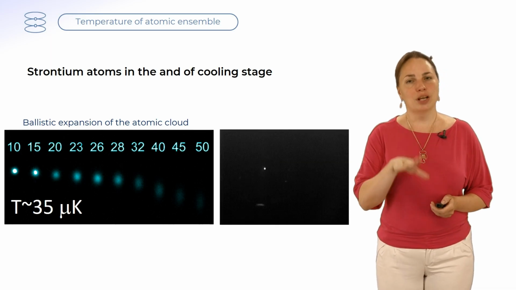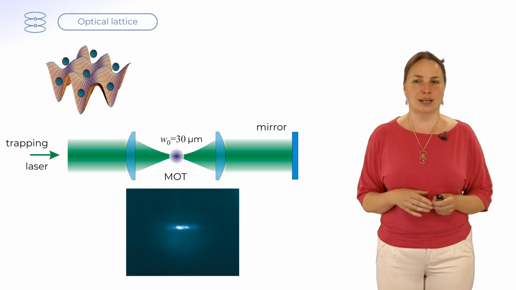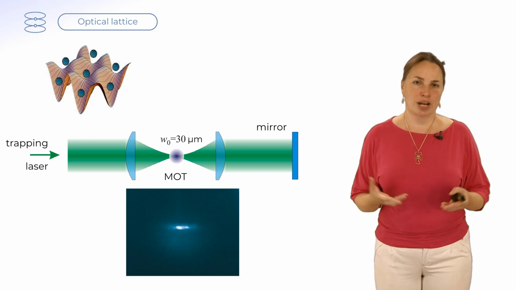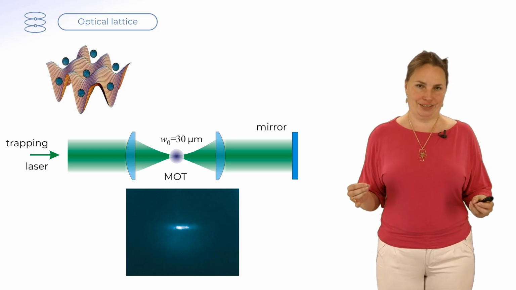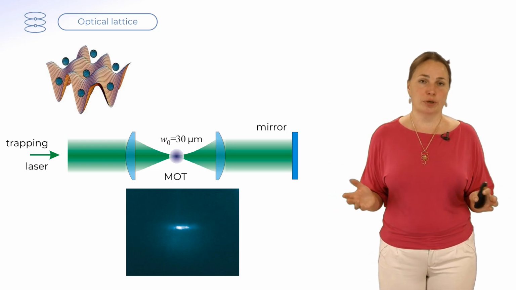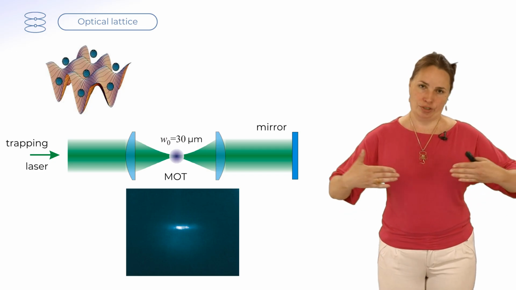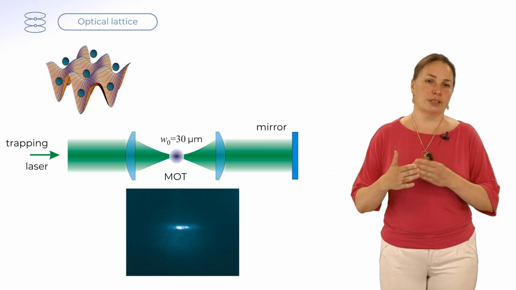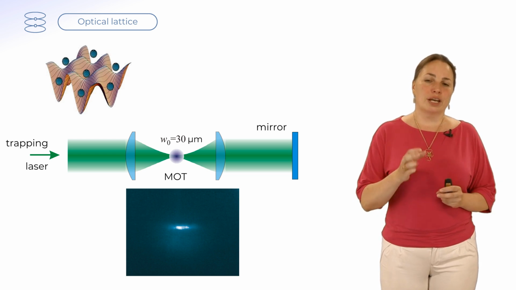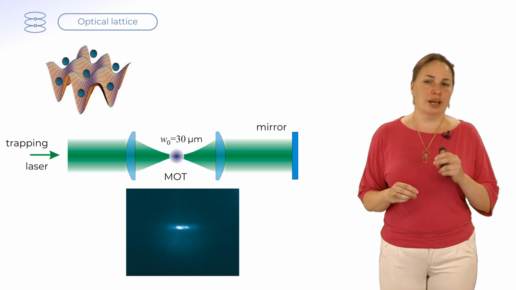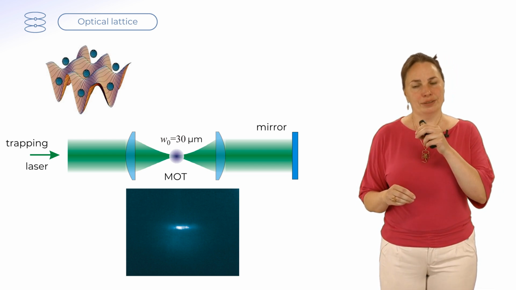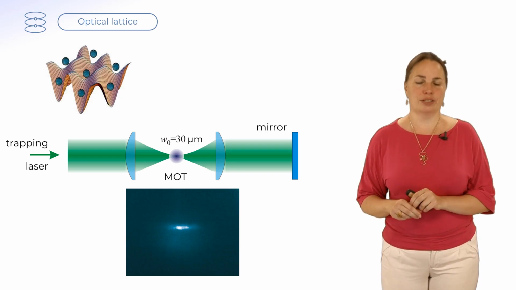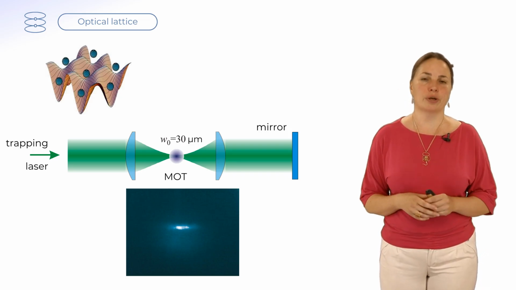Okay, when we have such a low temperature, we can do the next step and trap atoms into an optical lattice. An optical lattice is a standing wave. You have two lasers, which go towards each other, and we have the standing wave, and we can catch every atom in some minimum of this standing wave of light.